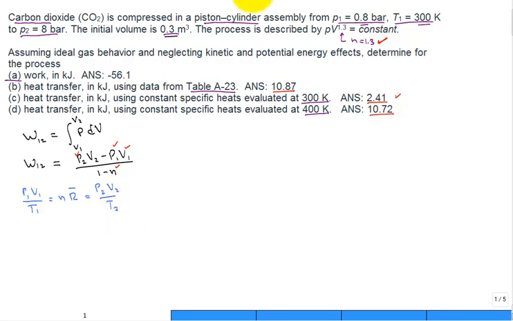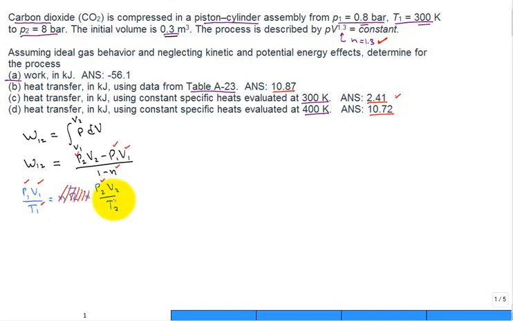So using this relationship, you've got the initial pressure, the initial volume, the initial temperature, you have the final pressure, and what we want to calculate is that final volume V2 right here.